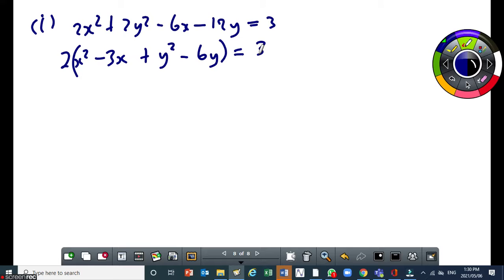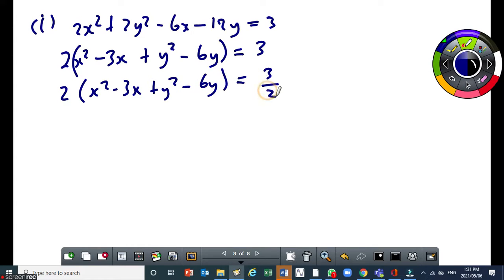So I rearrange the terms, then I factorize at the same time. Is that clear? Then you divide both sides by 2 to eliminate the 2 on the left hand side, so that I end up getting x squared minus 3x plus y squared minus 6y equal to 3 over 2.